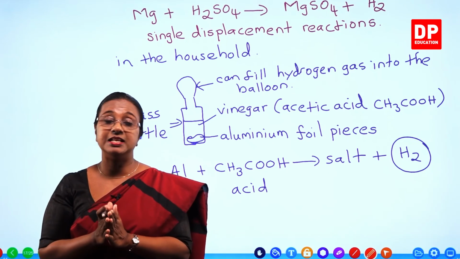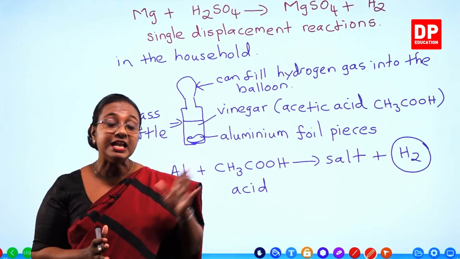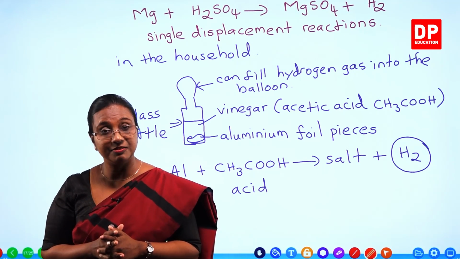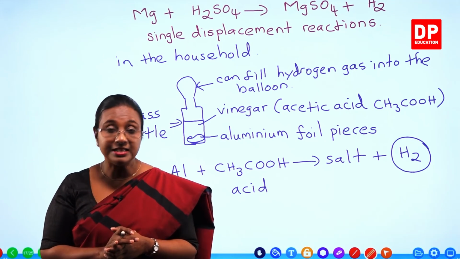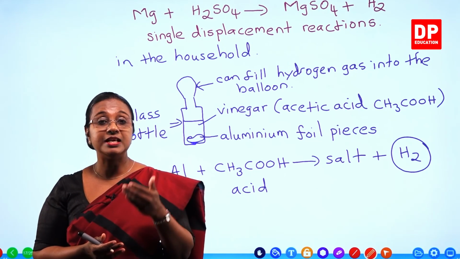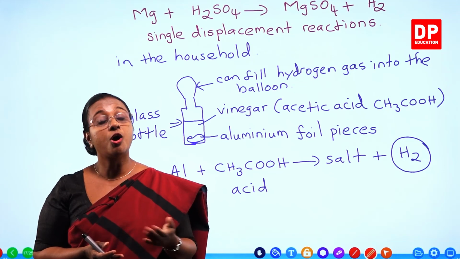Then we discussed the uses of hydrogen gas and finally this activity. So with that I will end this chapter, and in the next chapter I will discuss the properties, preparation and uses of oxygen gas.